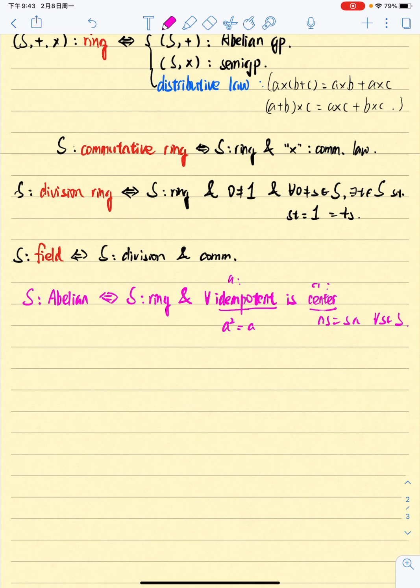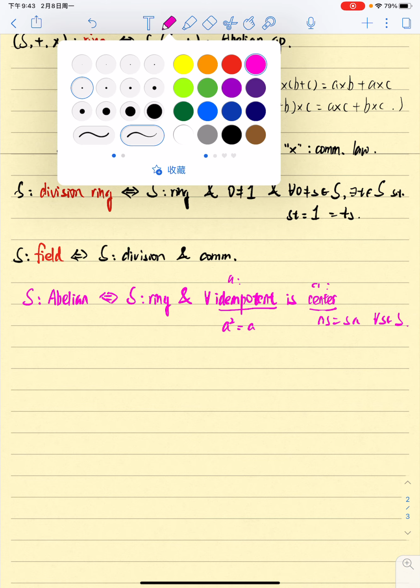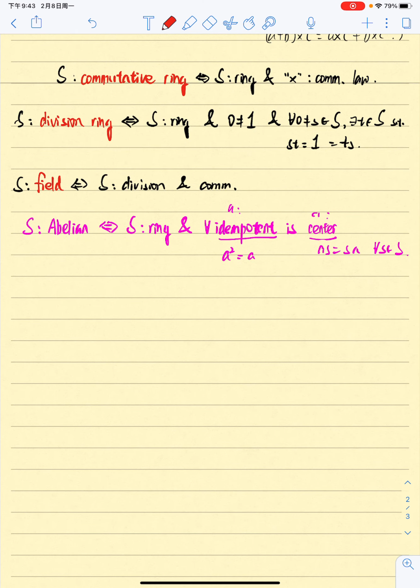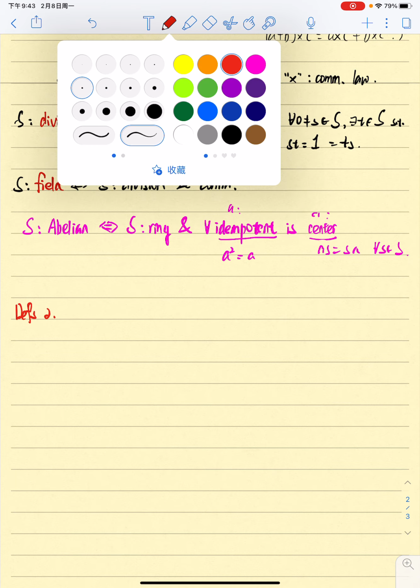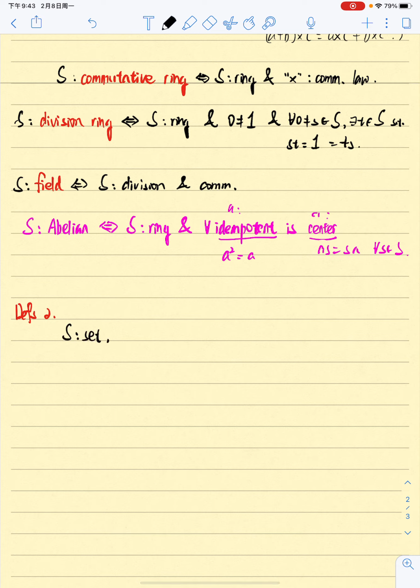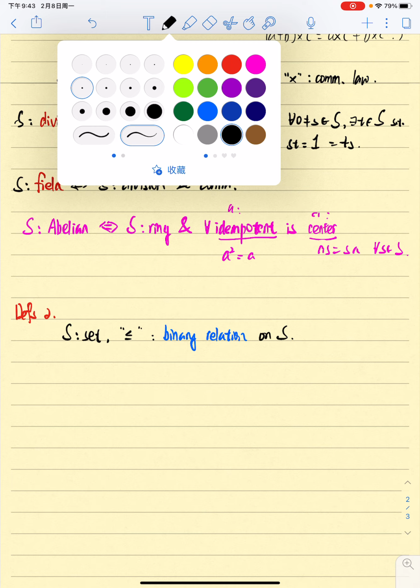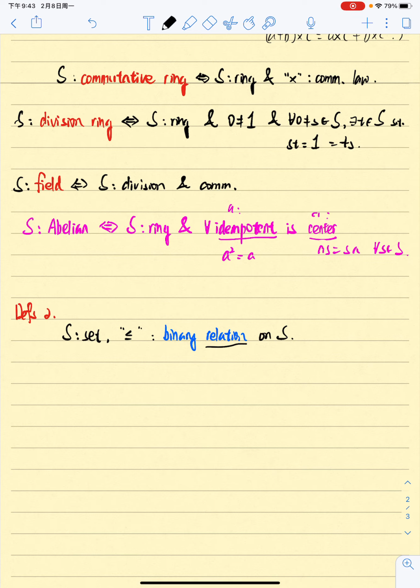And let's define other definitions. Also, we let S be a set with a binary relation on S. See, here it is a binary relation, not a binary operation.